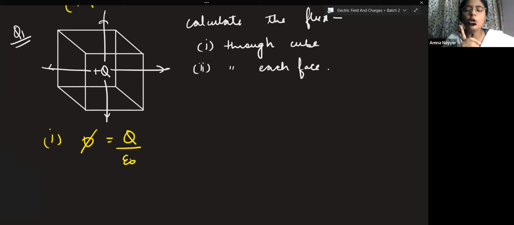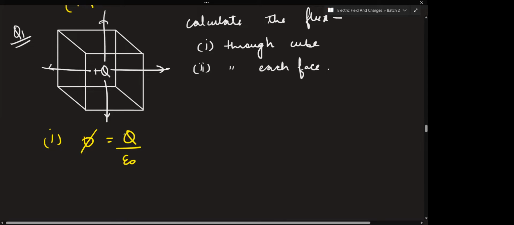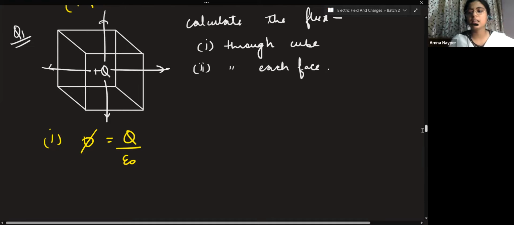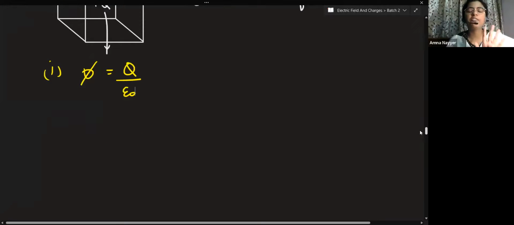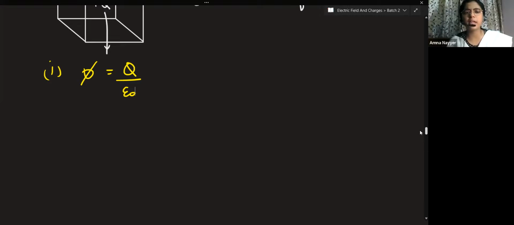Now see, how many faces does a cube have? 6 faces. So first part is clear to all of you, no? Any doubts in the first part? Because this is the system that you have, charge enclosed is Q. So total flux through the cube or the system will be Q by epsilon naught.